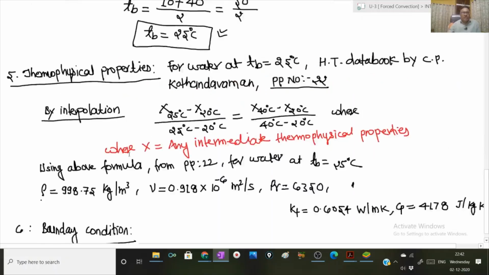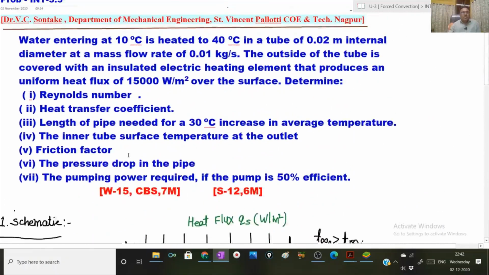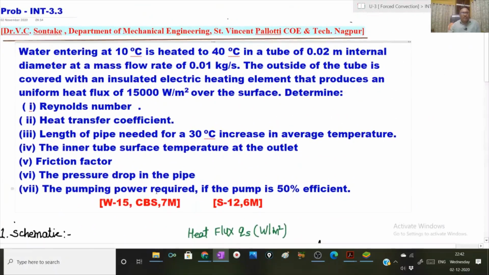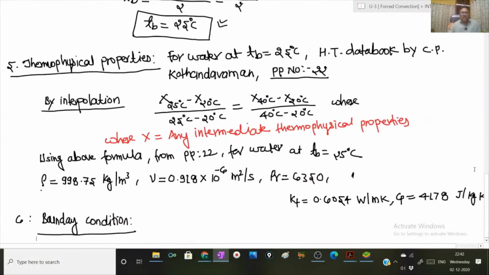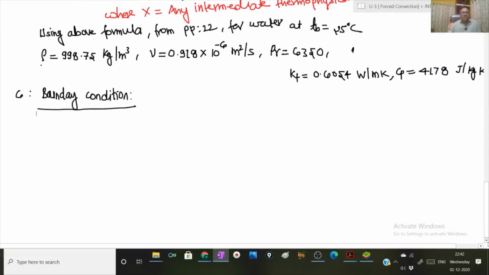So in this case, the clear-cut surface temperature of pipe is not given, rather heat flux is given, 15,000 watt per meter square. So in this case, the boundary condition will be constant heat flux boundary condition.